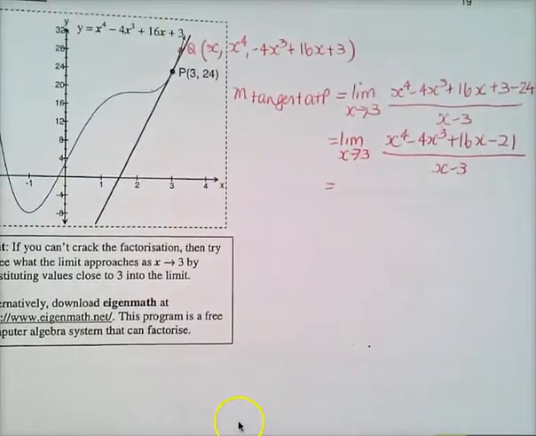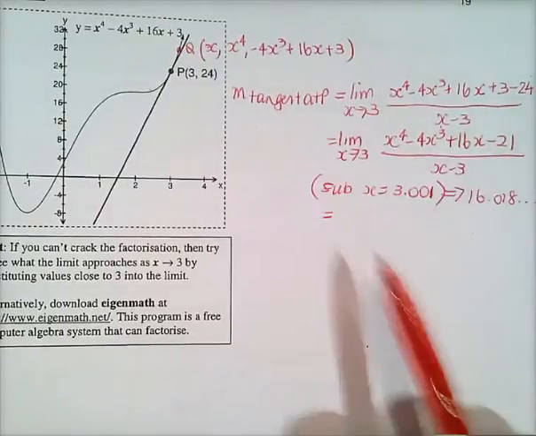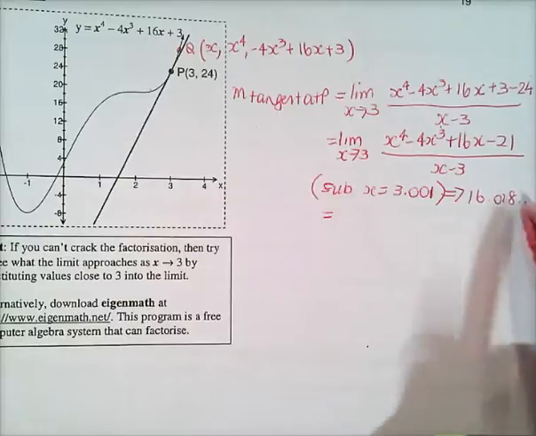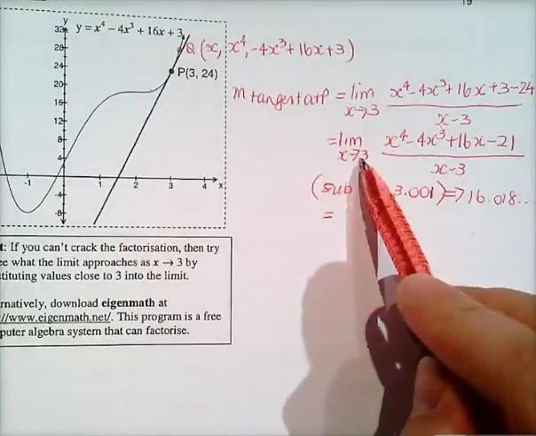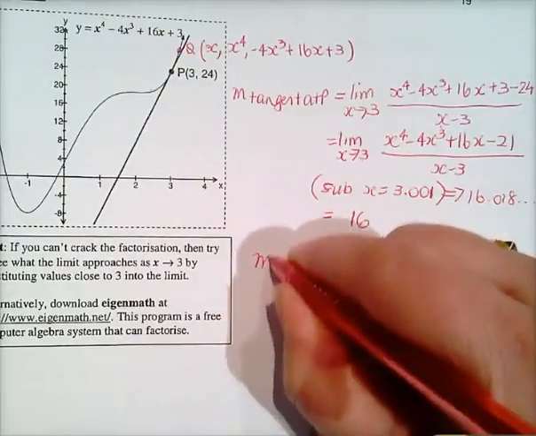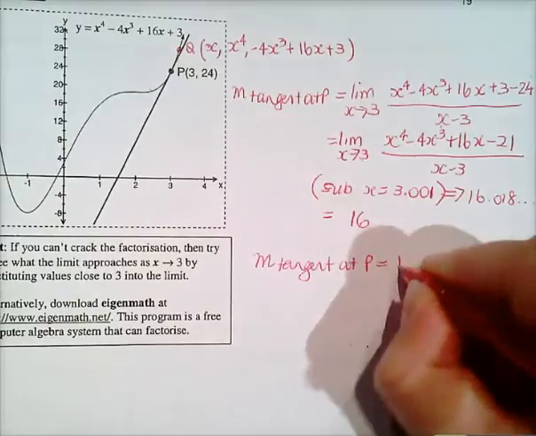So I'm just going to go to the calculator and do that now, and you can do the same as well. Substituted x equals 3.001 and ended up into this and got 16.018. So it appears that the limit as x approaches 3 of this function here is 16. Therefore, the gradient of the tangent at P is 16.